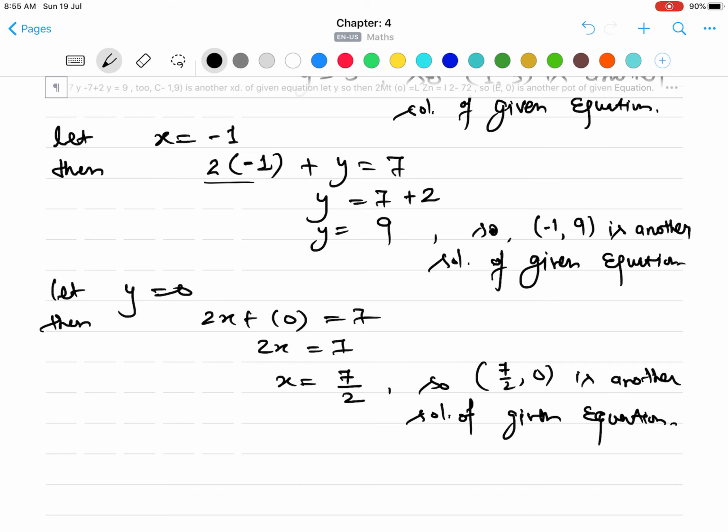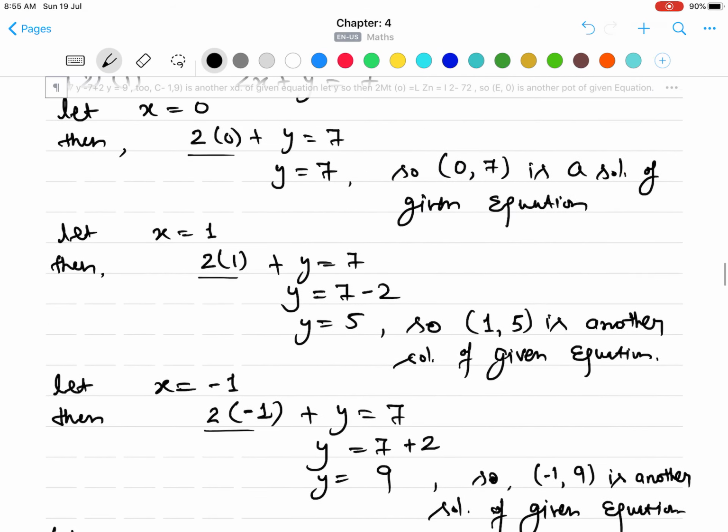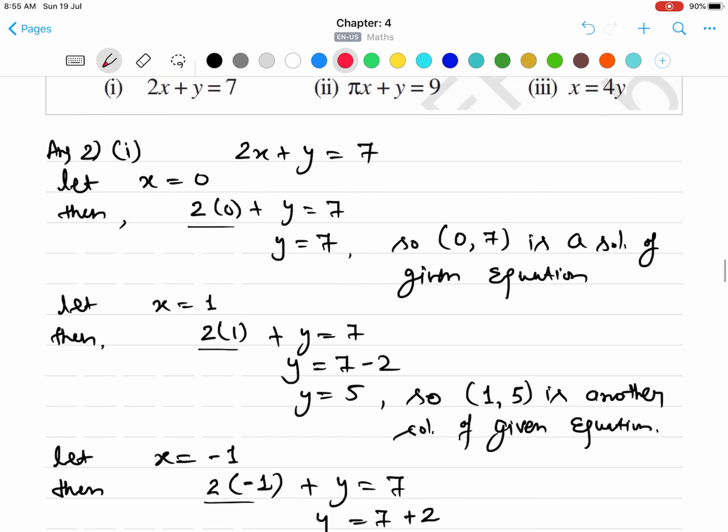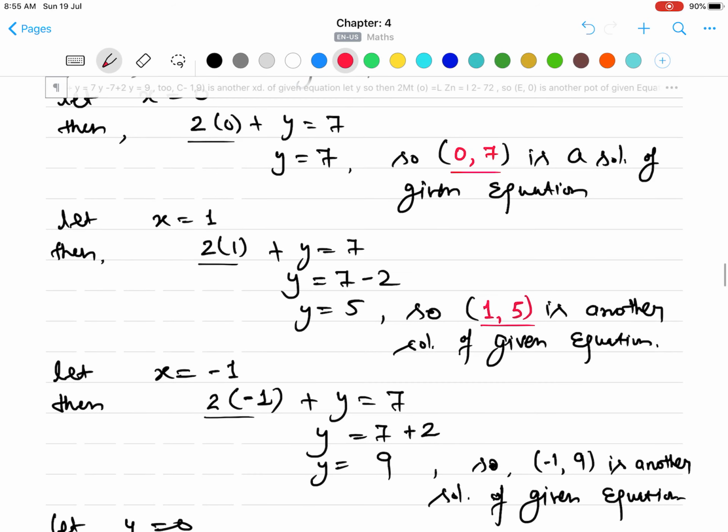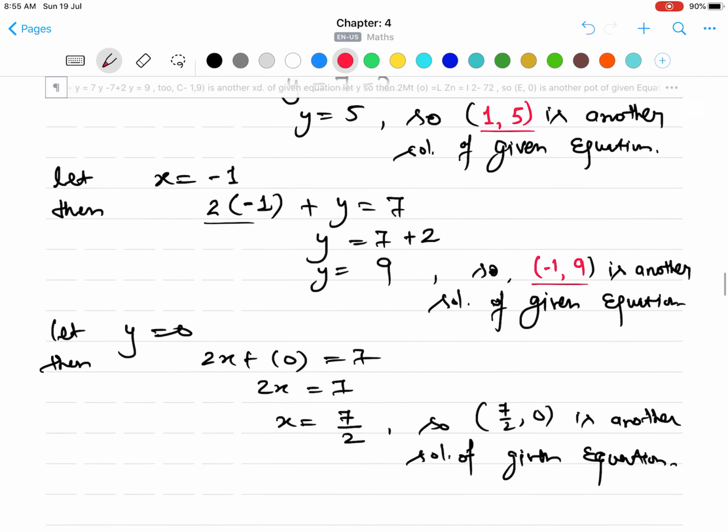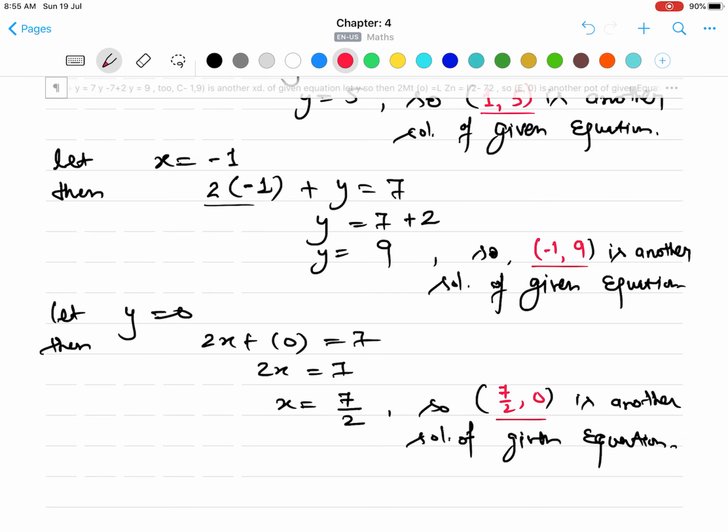Okay, so we have found the 4 solutions, which are: the first one is 0, 7, second is 1, 5, third is minus 1, 9, and fourth is 7 by 2 and 0.